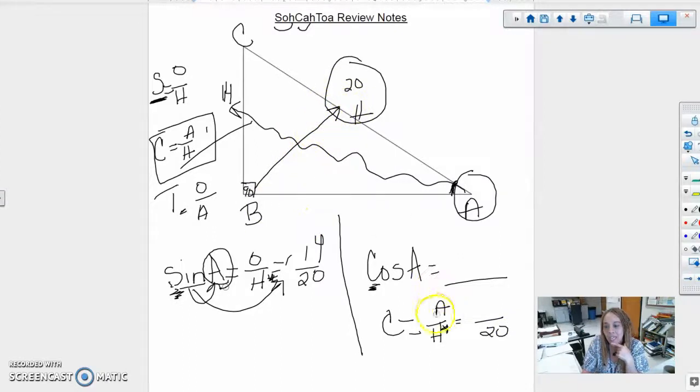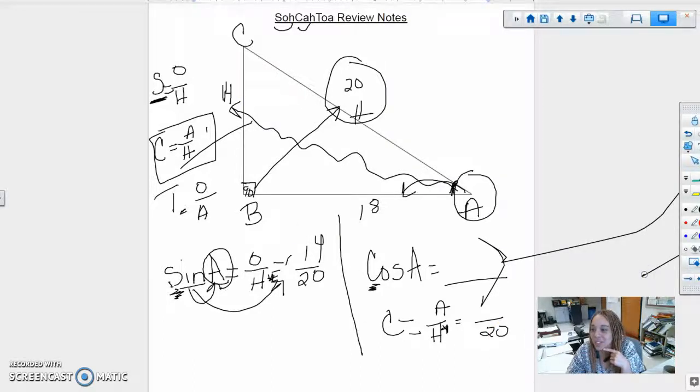And A stands for adjacent. Adjacent means right next to. So if it is not the hypotenuse across from the 90-degree angle, and it's not opposite, then it must be right next door. So that's this third line right here. If I told you that it had a measurement of 18, then it would be 18 over 20.